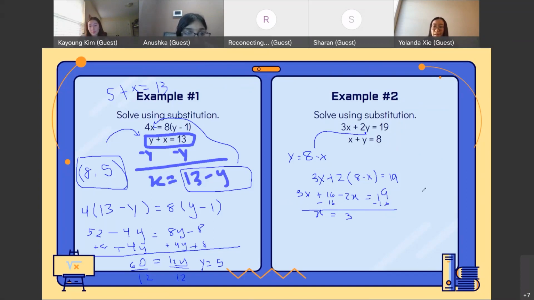Type your answer in the chat, or you can say it out loud. Remember, go ahead and put it back into the previous equations. All right, yeah, 5 would be correct. Y would equal 5 because, like before, you said y equals 8 minus x.